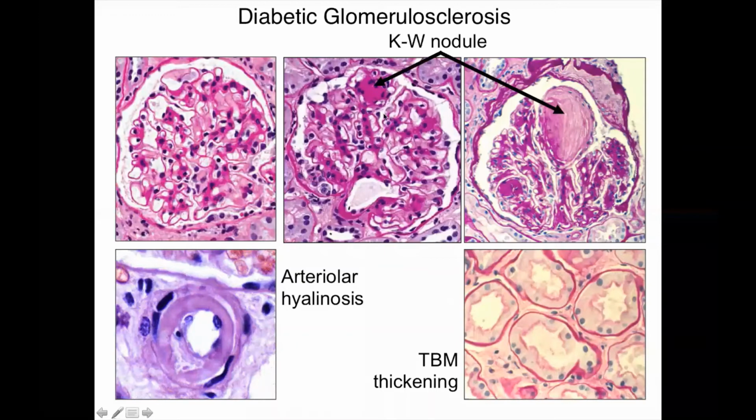Some books call this nodular sclerosis, but it's not really sclerosis, it's just mesangial nodules, which, if they grow, you know as the Kimmelstiel-Wilson nodules in the mesangium.